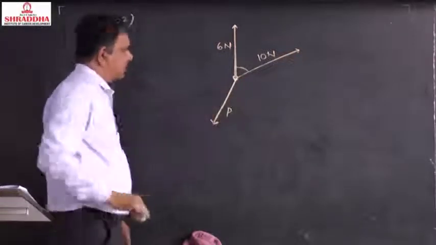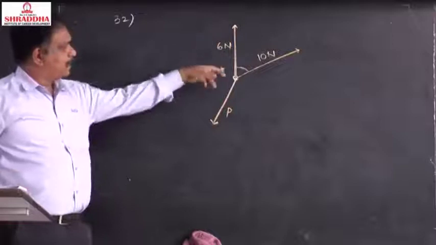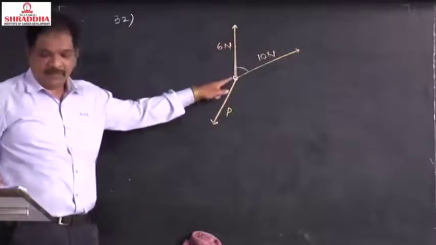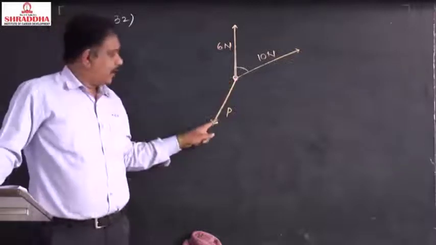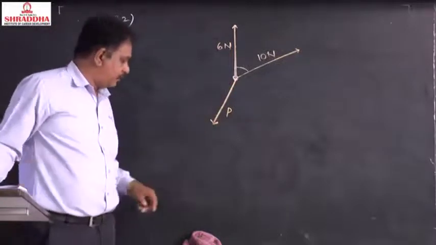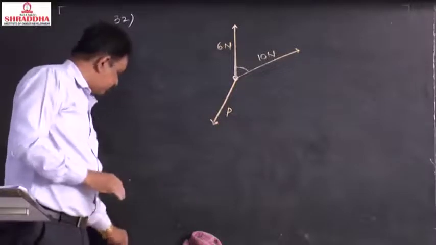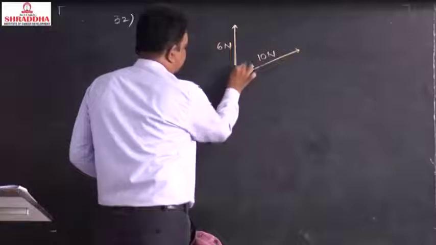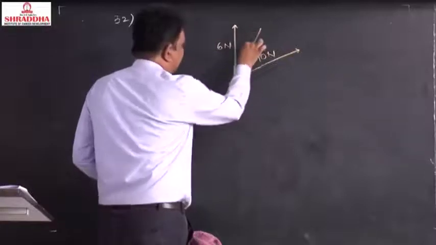P. These are the forces applied on the particle, and this particle is in equilibrium. What is the value of this P? That is the question. So the resultant of these two, we are writing like this.